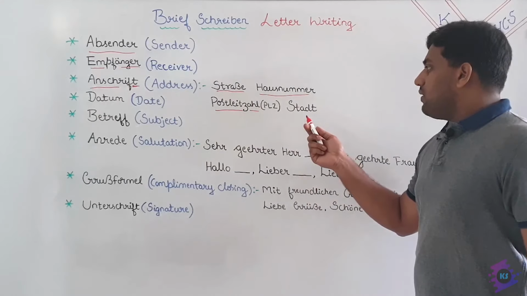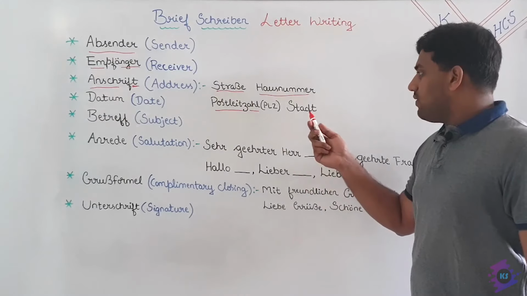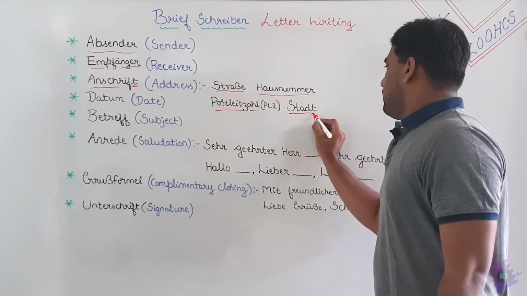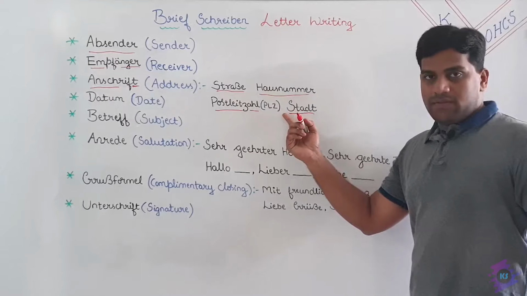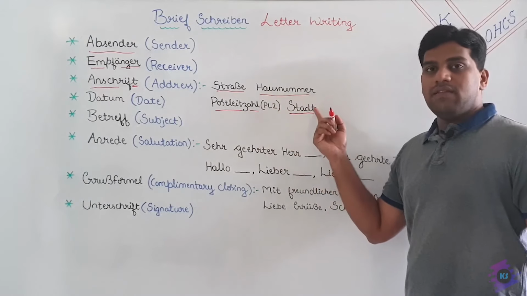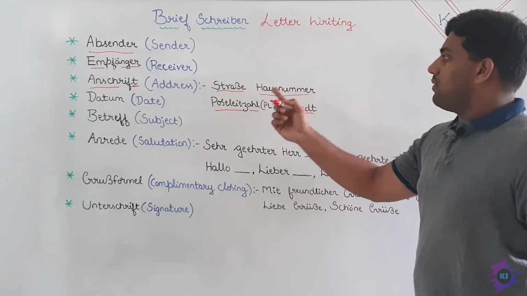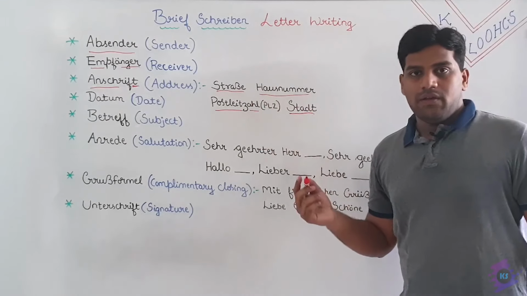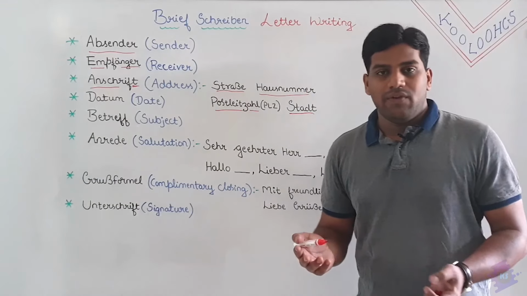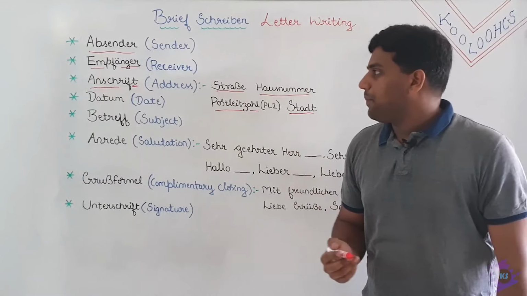And then you specify the name of the city, that is Stadt. City is Stadt. You mention this after giving a space. First you write Postleitzahl and then give a space and then the city. So this is how it should be. All these four things are required for mentioning the address. So in a letter or anywhere you specify the address like this.